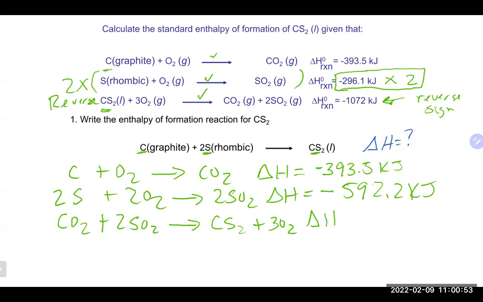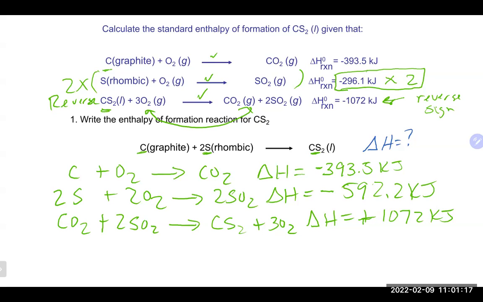Delta H, again, same number, but now it's going to be a positive 1072 kilojoules. When we reverse a reaction, basically everybody on the right-hand side and the left-hand side just swap places. Any questions on that?